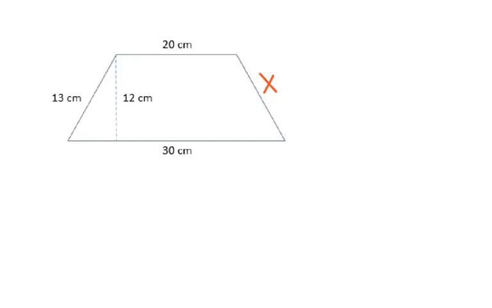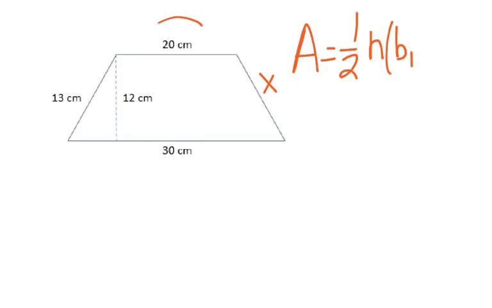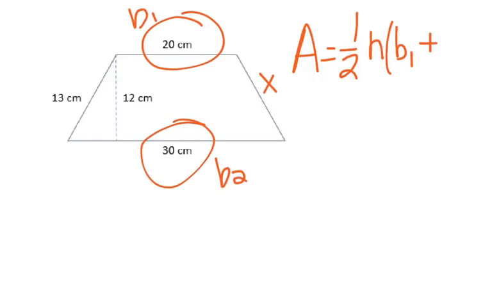It is area equals 1/2, okay, the height multiplied by the first base, which we'll call this one B1, plus B2, which is the second base.